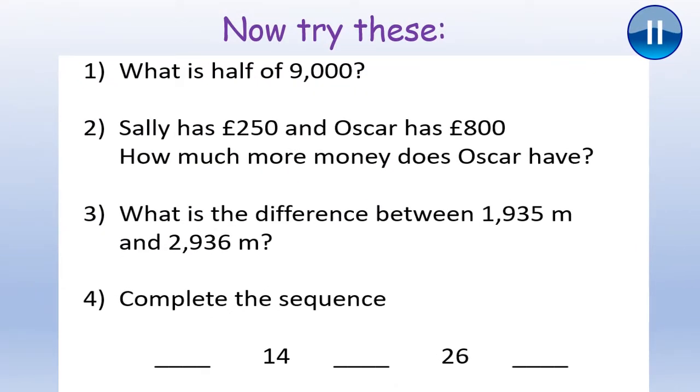Now try these. Pause the video and do your working out carefully, remembering to check your answers at the end. Question 1. What is half of 9,000? Question 2. Sally has £250 and Oscar has £800. How much more money does Oscar have?